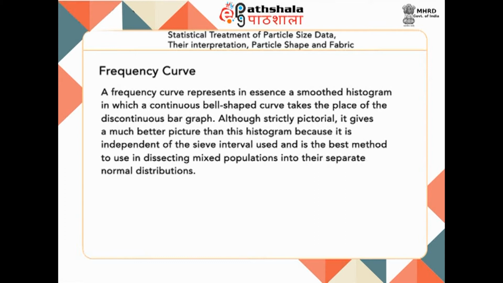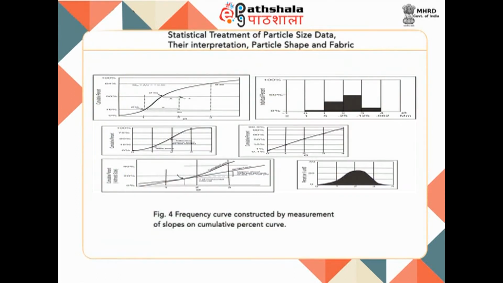Although strictly pictorial, it gives a much better picture than the histogram because it is independent of the sieve interval used and is the best method to use in dissecting mixed populations into their separate normal distributions. Mathematically, it is the first derivative of the cumulative curve and is thus obtained by measuring the slope of the tangents to the cumulative curve, as you can see in figure 4.